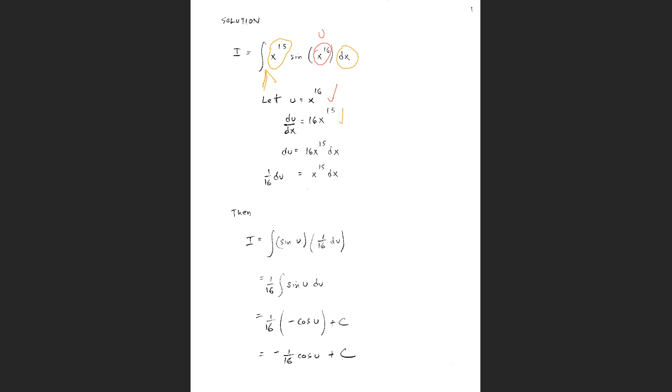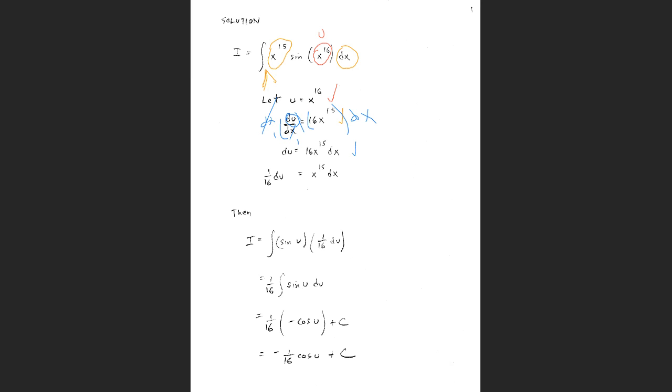So, okay, I can multiply both sides of that equation by dx. The dx's simplify out, and I'm left with du. du will equal 16x to the 15th dx.